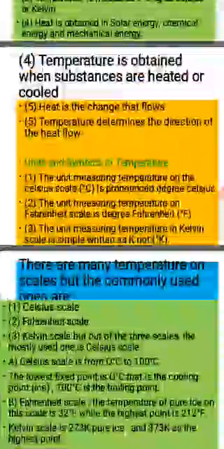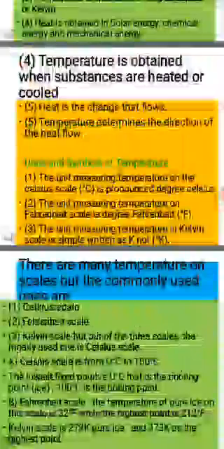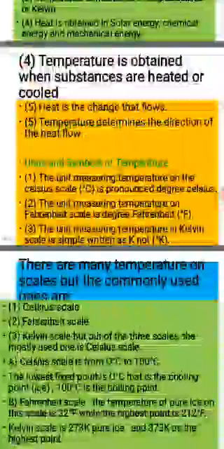The Celsius scale runs from 0 degrees centigrade, or 0 degrees Celsius, to 100 degrees Celsius. The lowest point is 0 degrees Celsius, that is the cooling point, the ice point, while the boiling point is 100 degrees Celsius.